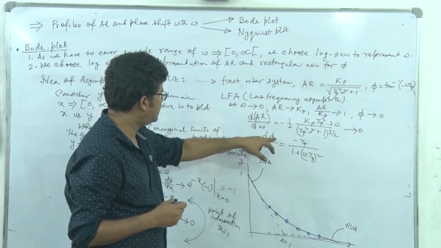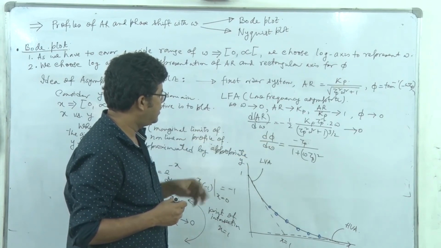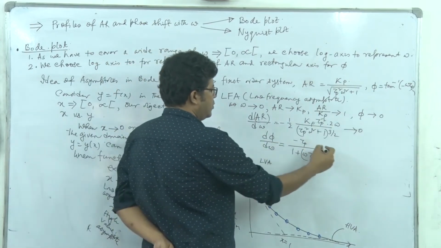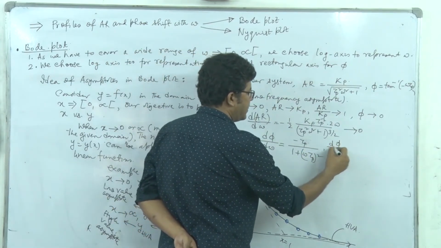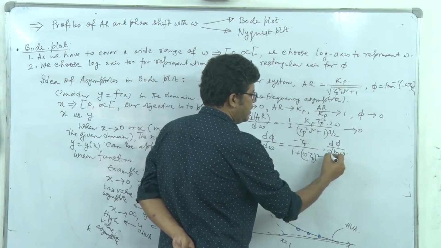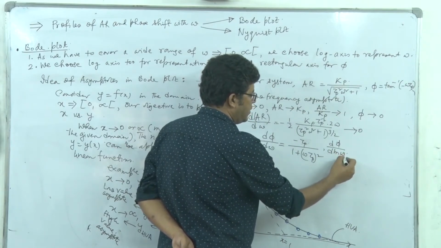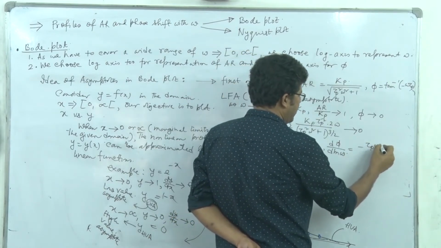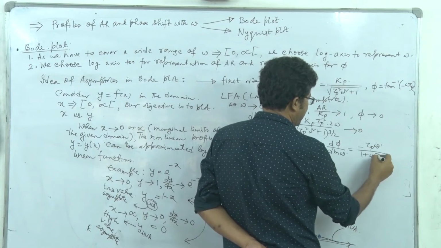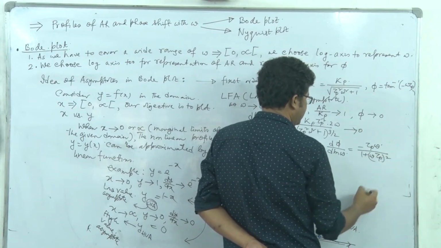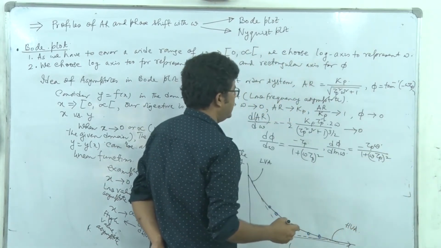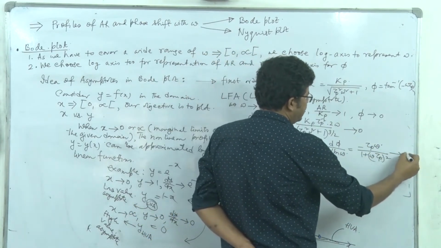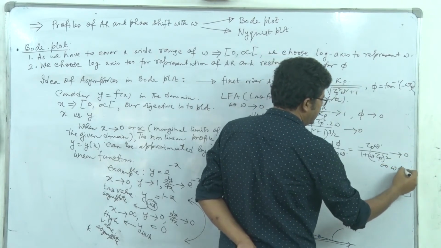For this omega, what you can do here, we can write d phi d ln omega. So d ln omega means d omega by omega. So actually that is minus tau p omega divided by 1 plus (tau p omega) whole square. Right. So that tends to 0 as omega tends to 0.